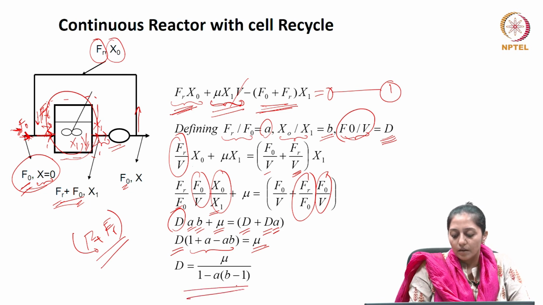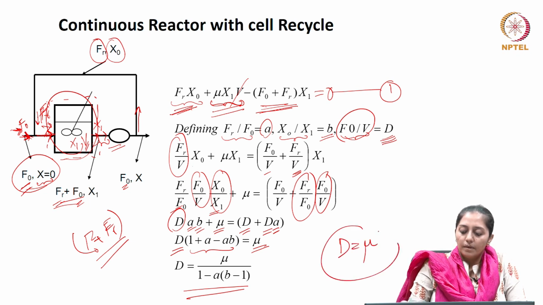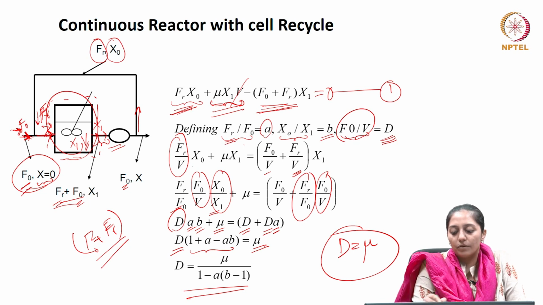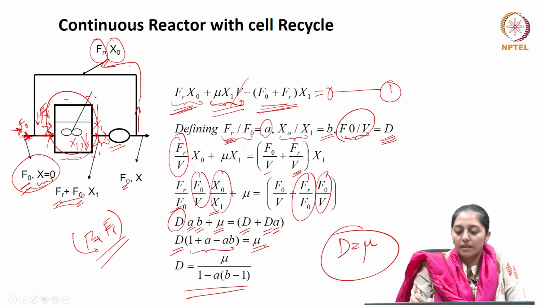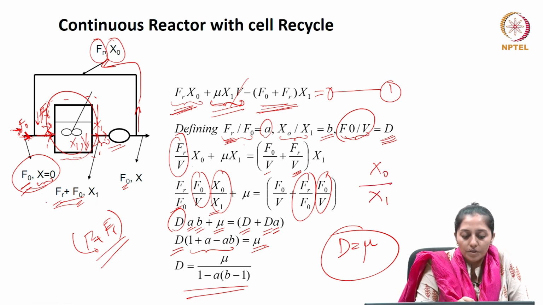So now if you see, for a continuous reactor with cell recycle at steady state, it is no more that D is equal to mu, but mu is a function of the recycle stream flow rate and the inlet flow rate fraction Fr by F0, where Fr was the volumetric flow rate of the recycle stream, and also a function of B, which is the fraction x0 by x1, where x0 was your biomass concentration in the recycle stream and x1 is your biomass concentration coming outside the reactor.